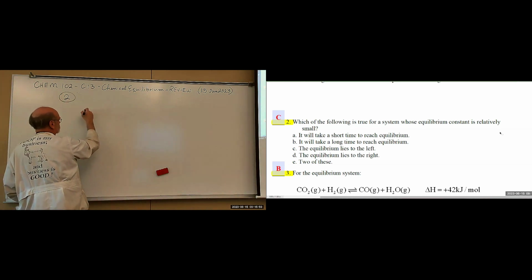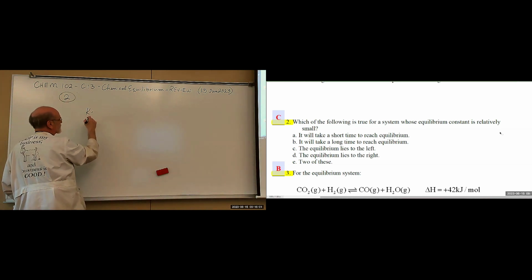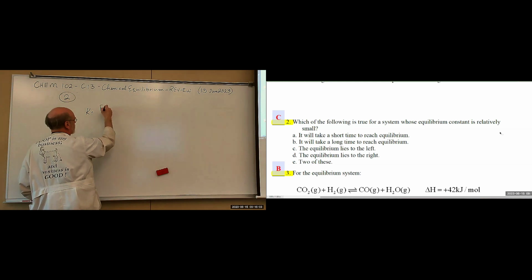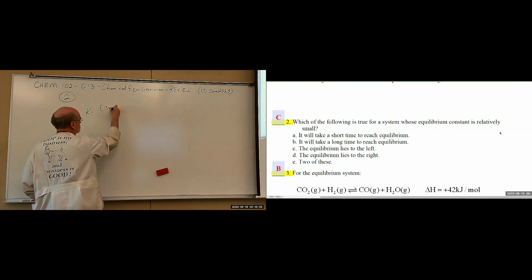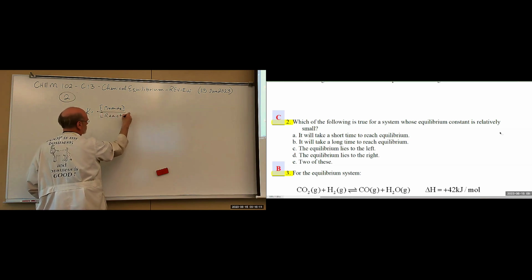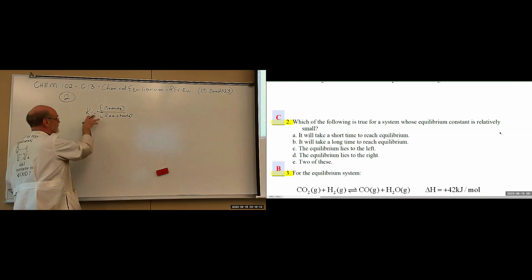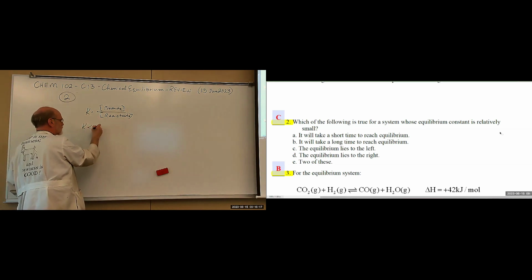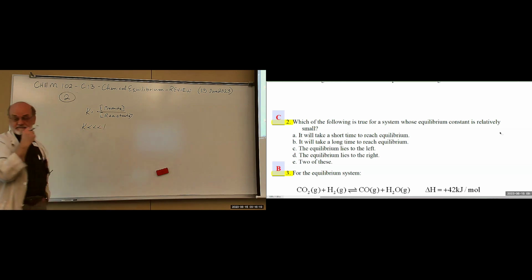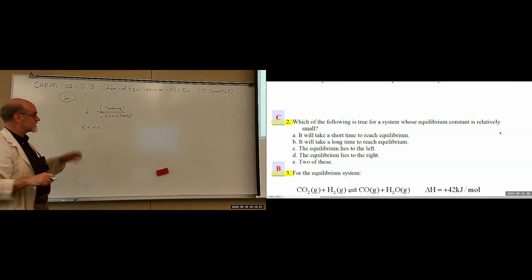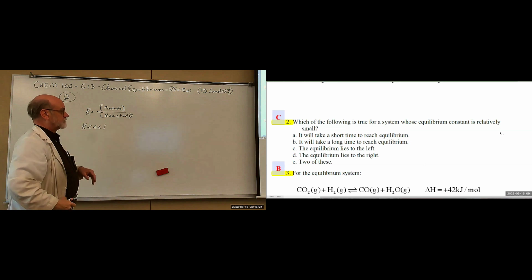So if you have a constant here, and you have products here, and reactants here, right? If this is a very small number, if K is much, much, much less than 1, okay, what does that say about the reaction?